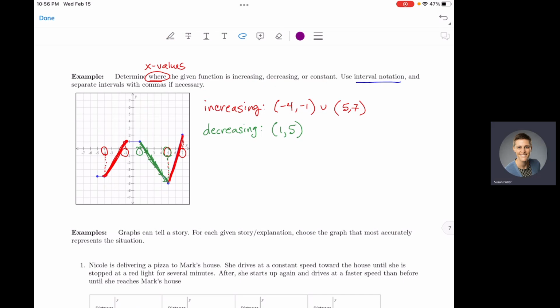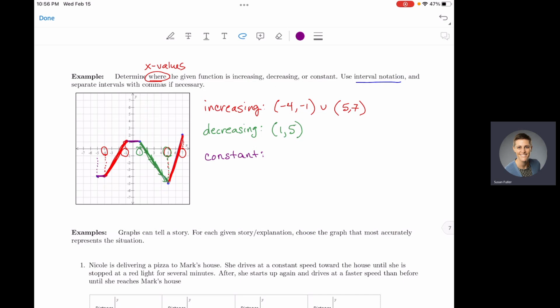Okay, and then the last place we need to identify is where this function is constant. So again, constant means where we are flat from left to right. So this function is flat right here and up here. Let's start with this first bottom one down here.